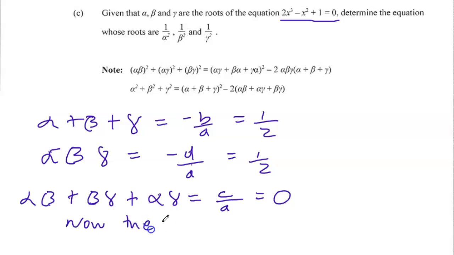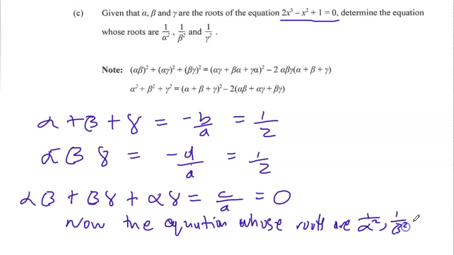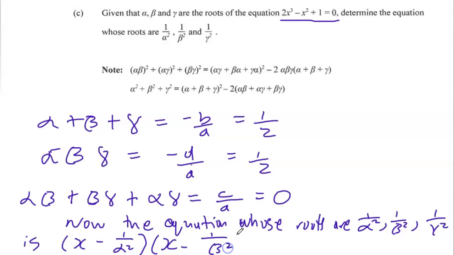Now, the equation whose roots are 1 over alpha square, 1 over beta square, and 1 over gamma square would be x minus 1 over alpha square into x minus 1 over beta square into x minus 1 over gamma square. If the equation has these roots, then this would be the cubic equation.